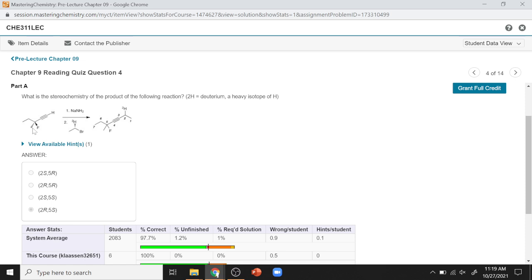What would be your next highest priority? So these are all CCCs. This one only has H's connected, so is your lowest, right? This one has one carbon connected, so it'd be your next highest, right?